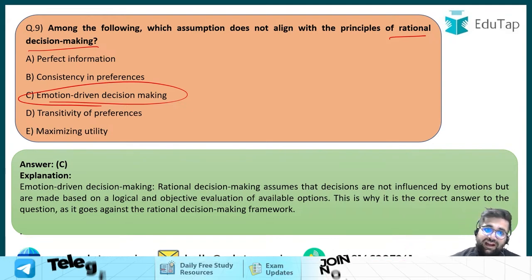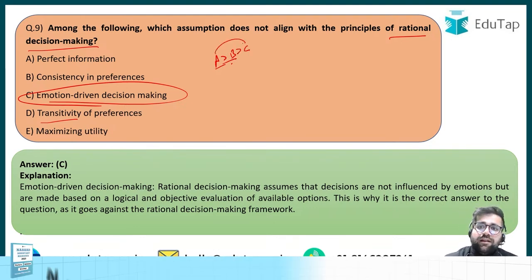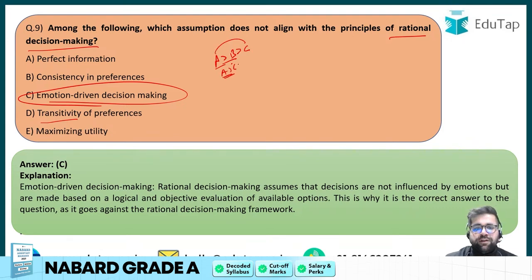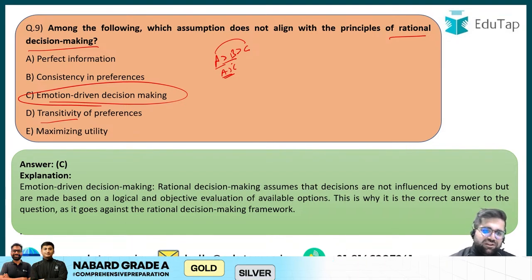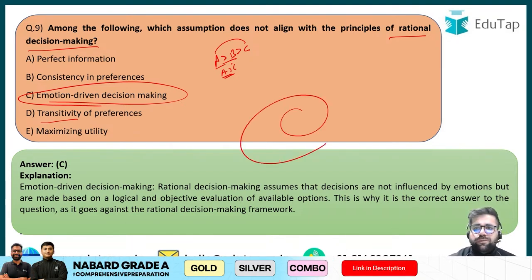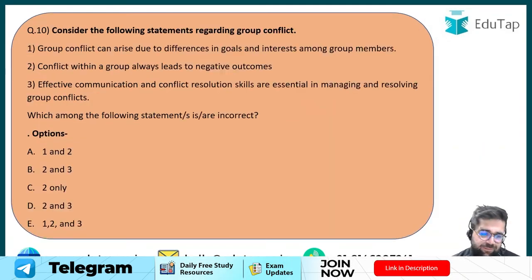What is the meaning of transitivity? Transitivity basically means if you prefer option A over B, and you also prefer B over C, it means that you will prefer A over C. So this is transitivity of preferences, as simple as that. A rational human being also maximizes utility. Therefore the correct answer was option C, because emotion driven decision making is not an assumption of the rational decision making process.